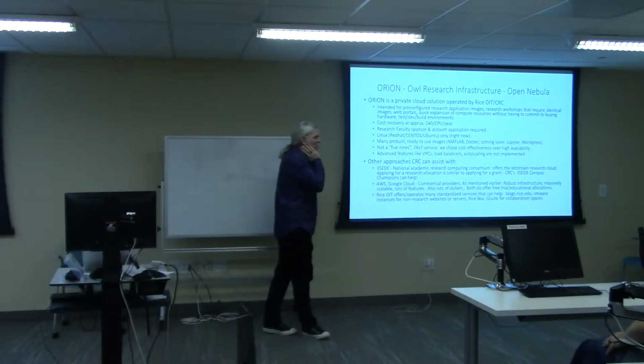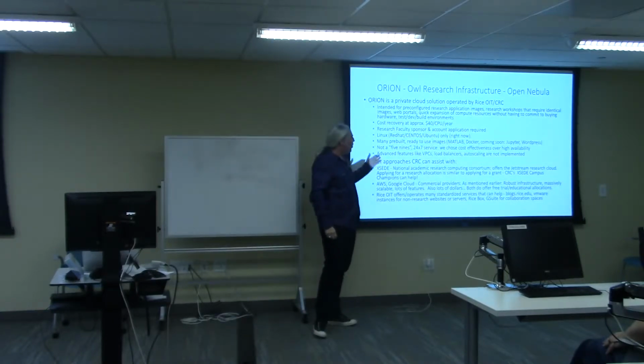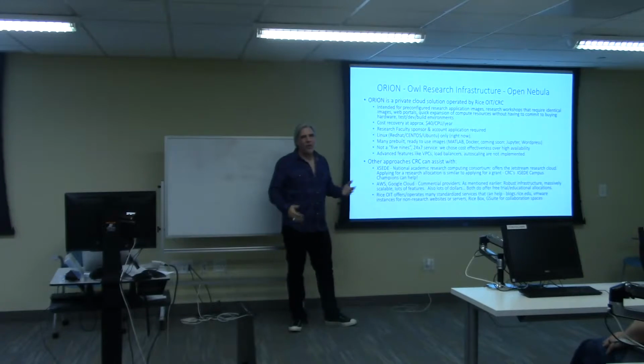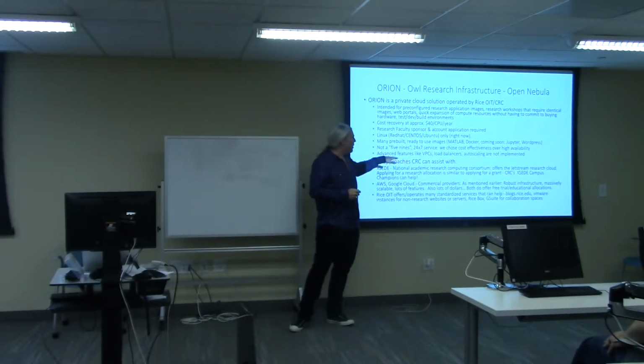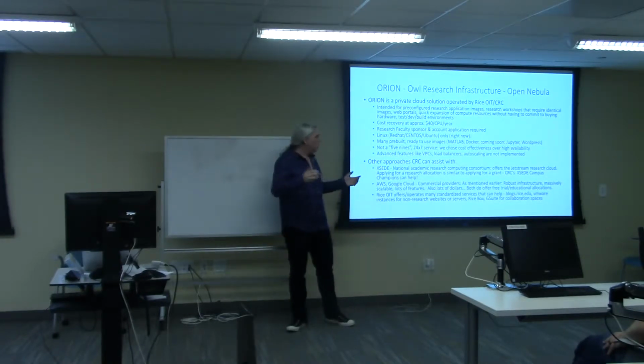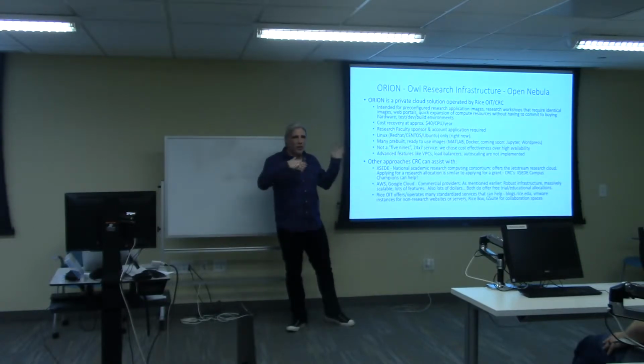Which is not really fair, but the point to be made here is that this is not really a high availability environment, and we're not a 24/7 support shop. And we also don't have some advanced features like VPCs and load balancers and auto scaling and all the things that you can get in the cloud. But it's inexpensive, it's easy to get access to, and fairly flexible.